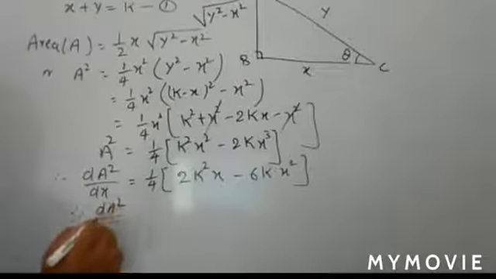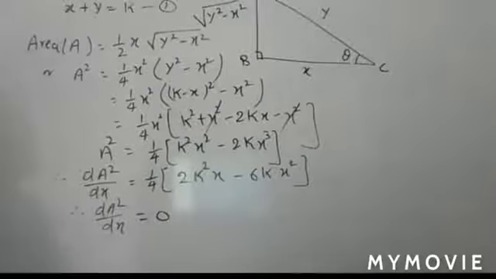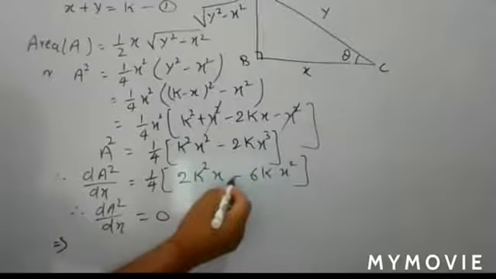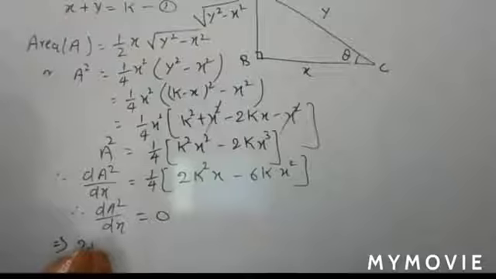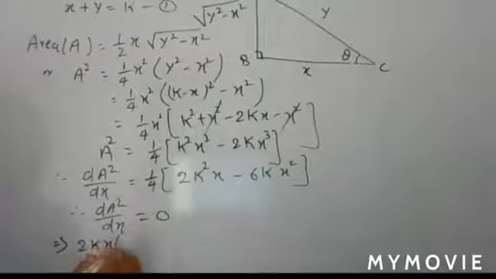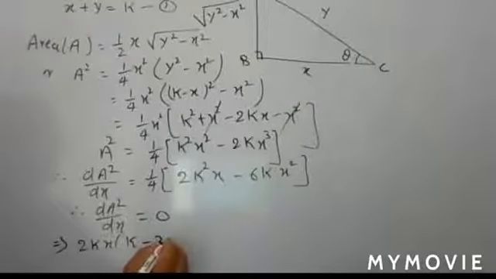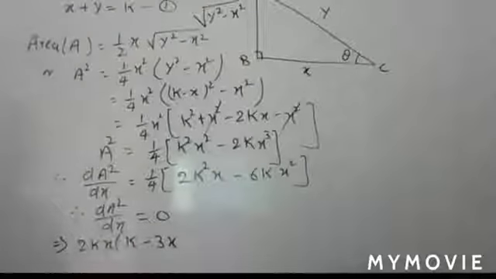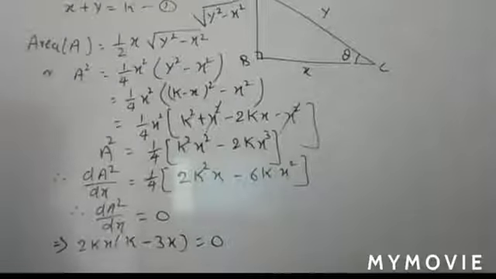So dA square by dx is equal to 0. Taking 2kx common, you have k minus 3x is equal to 0. Just see it. What is your value? Is it correct?